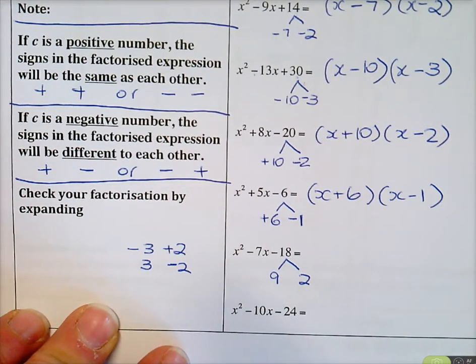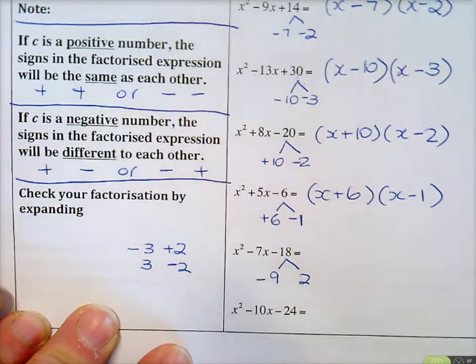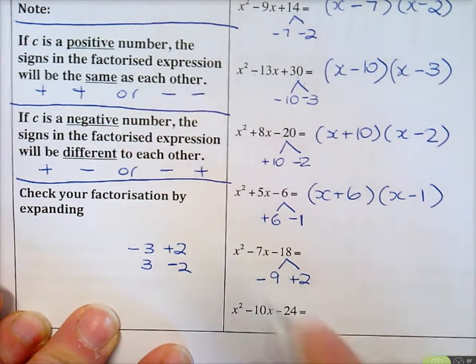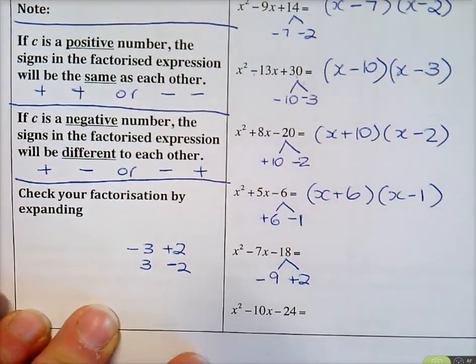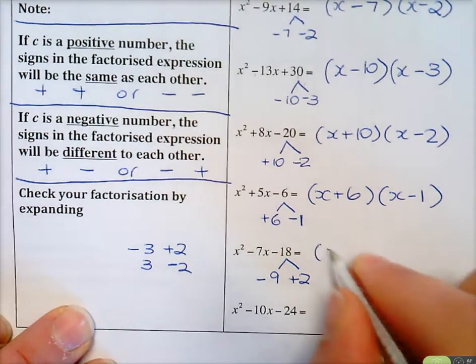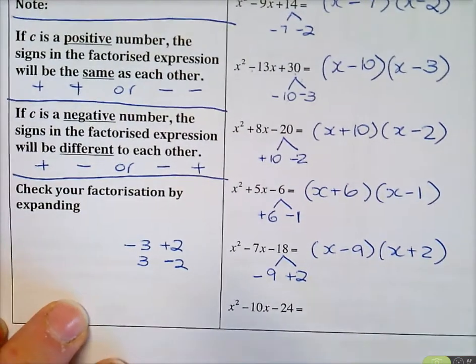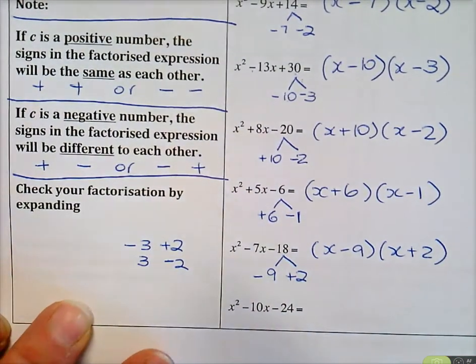You want a minus 7. When you're looking at your negative and your positive, when you put them together, you need more negatives. Minus 9 plus 2 will give you minus 7. So I've got x minus 9, x plus 2. It doesn't matter if I wrote it as x plus 2, x minus 9.